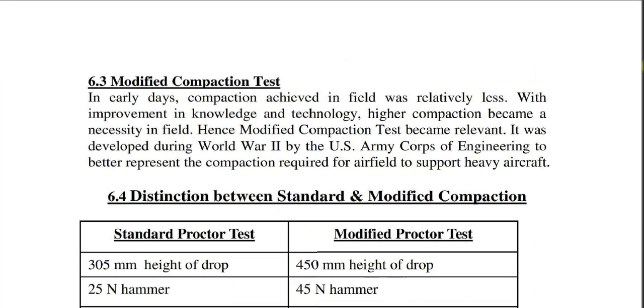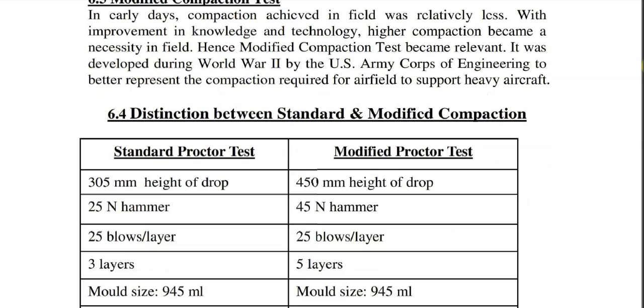Now, let us go to the next test, modified compaction test. Now, why we have two types of testing? We have standard test and we have modified test. Why we have two types of test?